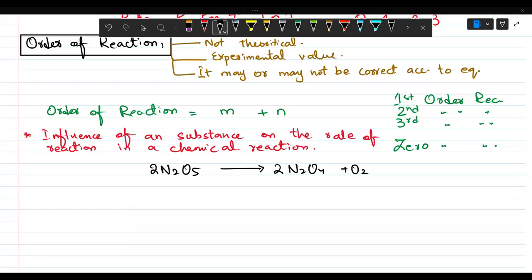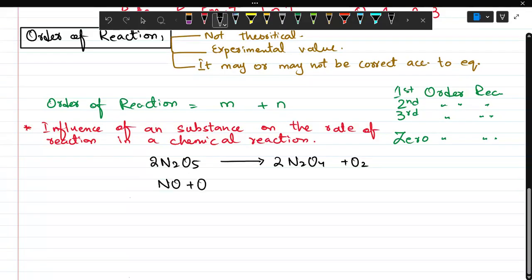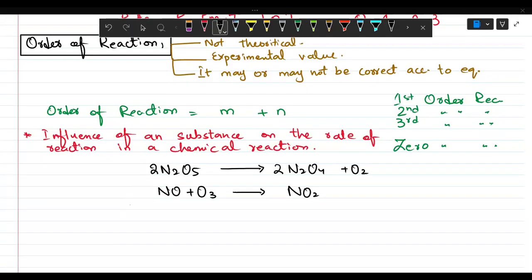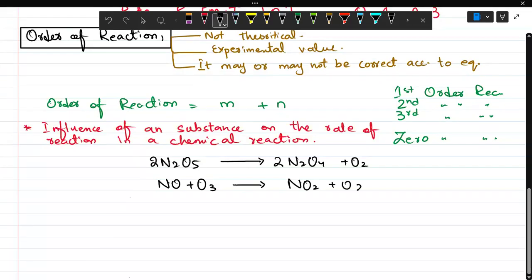Okay. Now let me write some other examples for you here. What is the order of this reaction now?